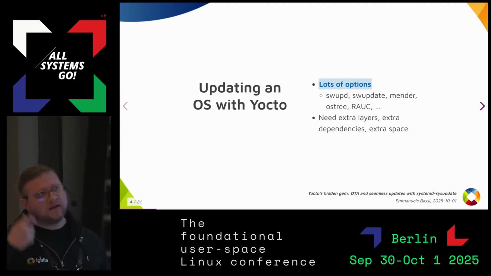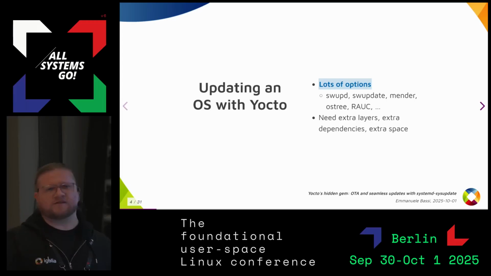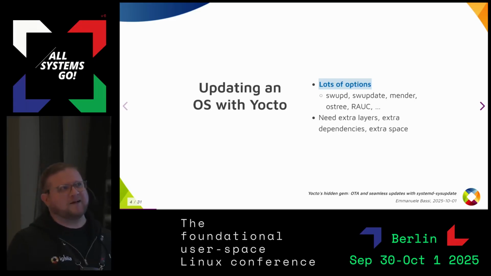If you're just building an operating system image, it's a well-trodden path. You define all the recipes that you have, you run the build, and at the end you get an OS image plopped into your build directory, and it's pretty much done, except that you might want to do things like OS updates.